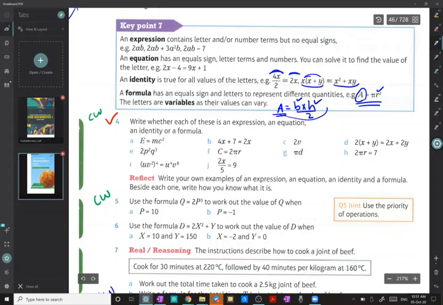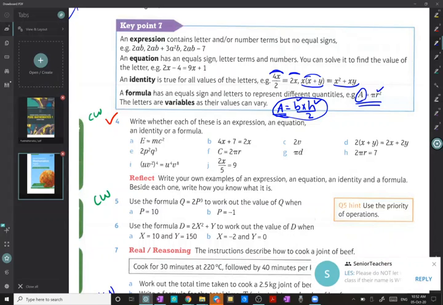So we call this a formula, although it has an equal sign. The letters are variables as their values can vary. Now I'm going to give you an example of that.